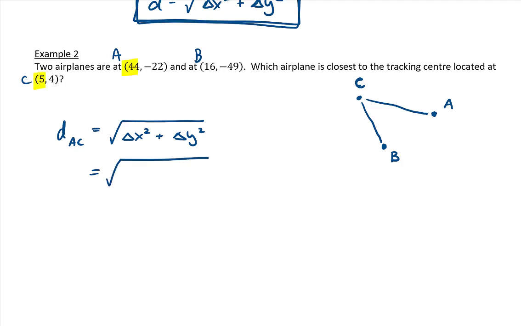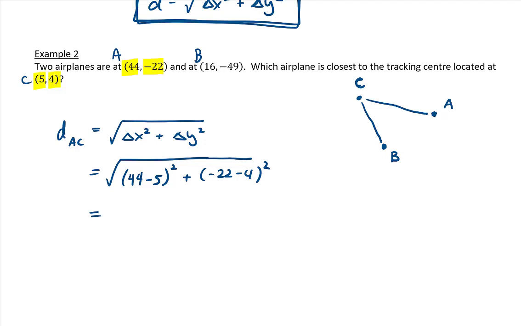The change in x is 44 to 5. So our delta x is 44 minus 5, and we're going to square that. Plus, we need the delta y's. The delta y is negative 22 and 4. So we're going to have negative 22 minus 4 and square that.